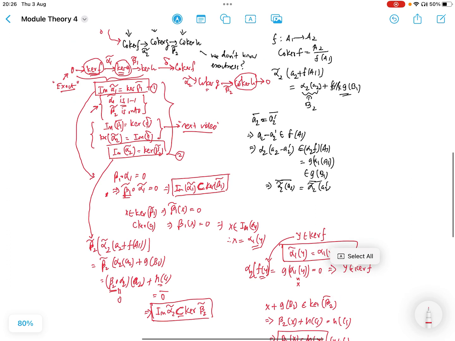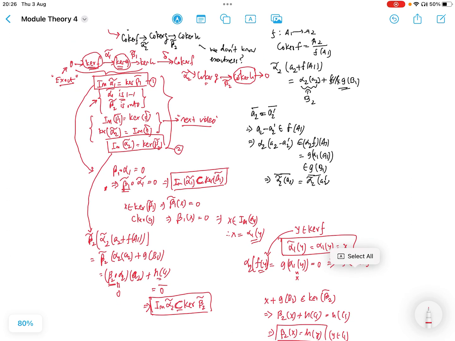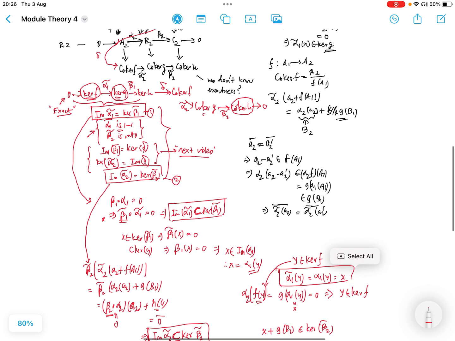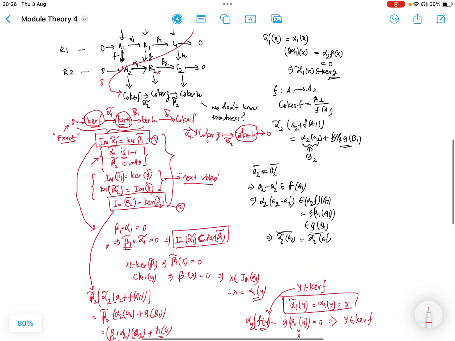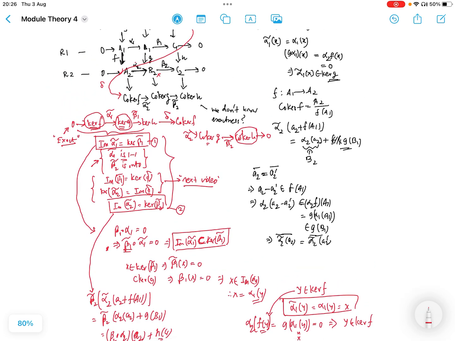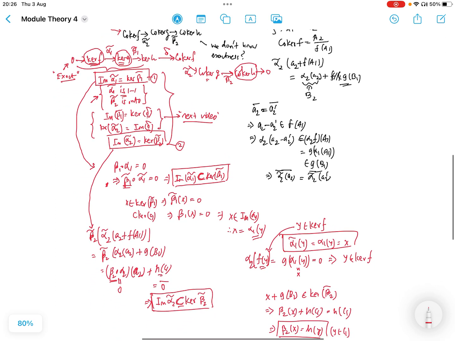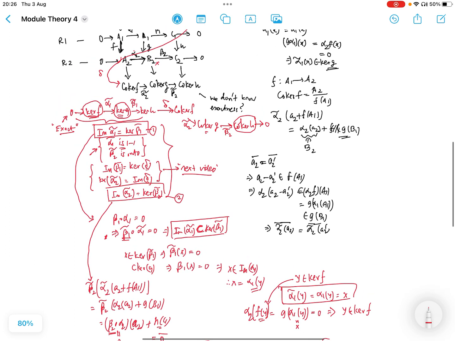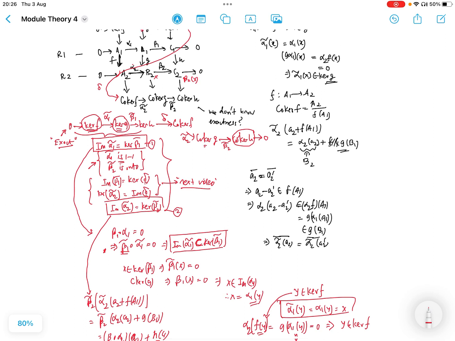So x is inside the co-kernel of G, right? So x is an element here, and we get beta 2x. So beta 2x will go inside C2, but that has a pre-image under H. So that is beta 2x, and that can be lifted to some y under this map H.